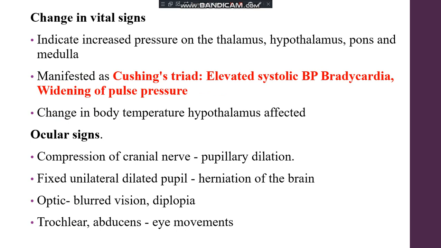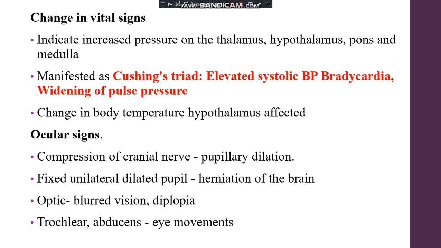So the vital signs may change, and these vital sign changes are known by an interesting name, that is Cushing's triad. Sometimes you may hear this as Cushing reflex syndrome. It is a group of symptoms, that is changes in vital signs, which together we call Cushing's triad.